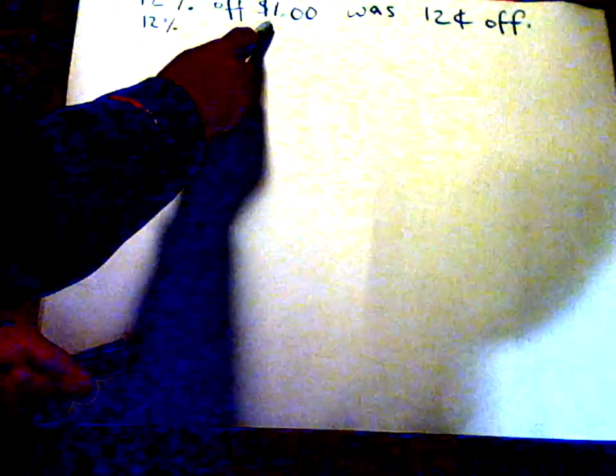Okay, so as we saw before, 12% off $1 was 12 cents off, because percent means out of 100, and 12% is simply 12 out of 100. So therefore we took 12 cents out of 100 cents.